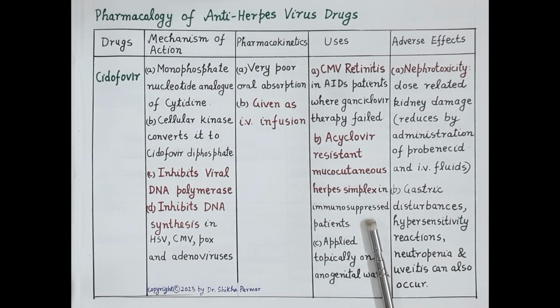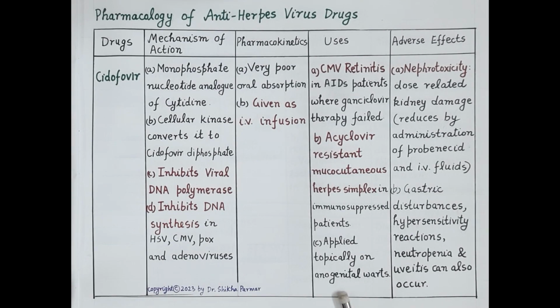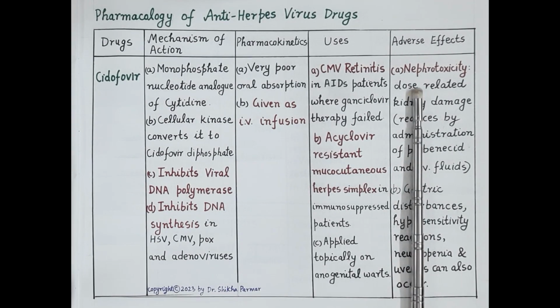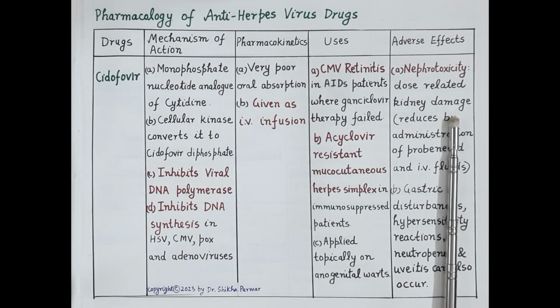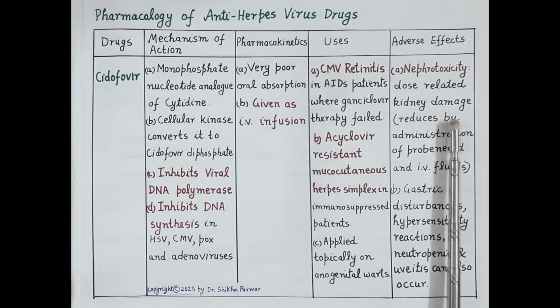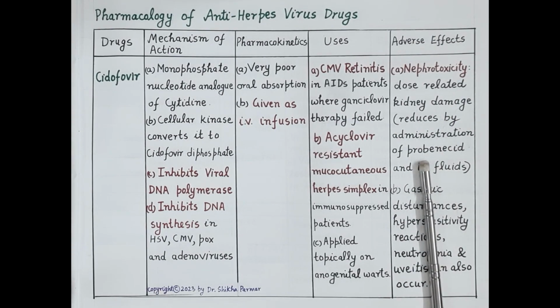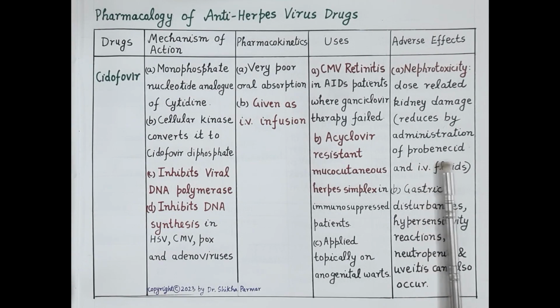Now, as it is effective against herpes simplex virus infection, it can be used topically in the treatment of anogenital warts. Now, nephrotoxicity is the major adverse effect of Cidofovir. It causes dose-related kidney damage, but nephrotoxicity can be reduced by the administration of probenecid and IV fluids.